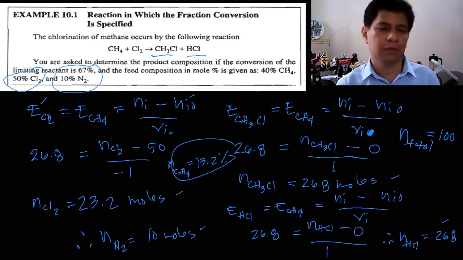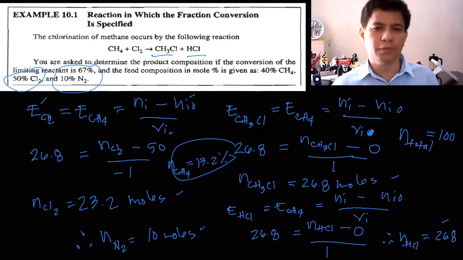Okay? So I hope you understand this problem, and I hope you can apply the technique in solving other problems. Basically, first, you need to determine the limiting reactant by calculating the maximum extent of reaction of the reactants. Second, calculate the actual extent of the reaction.